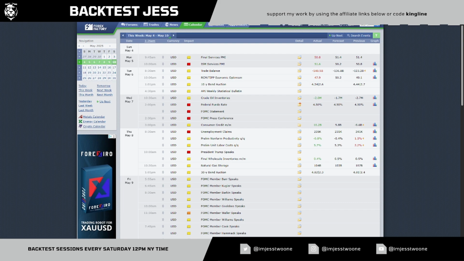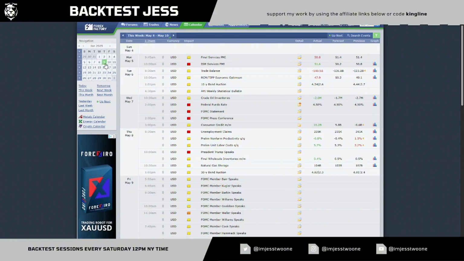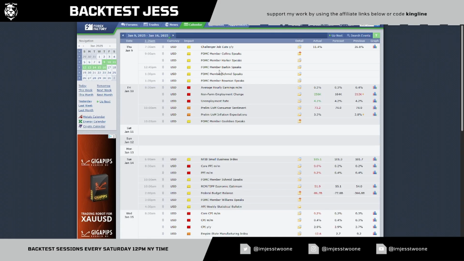If you guys remember what it was, let me know. But it's not showing up in TradingView. See, it's nothing. It's all yellow folders. What is this? What happened on January 9th, guys? Do you guys know? I don't know.